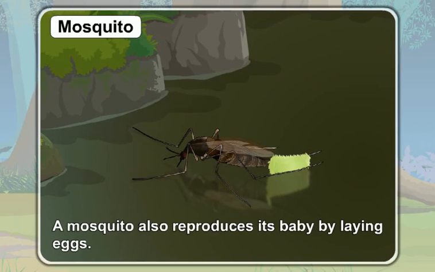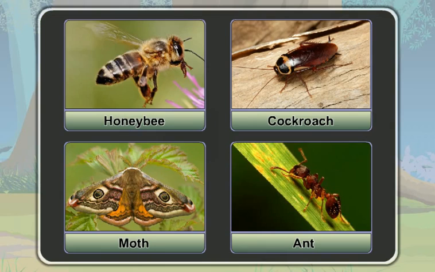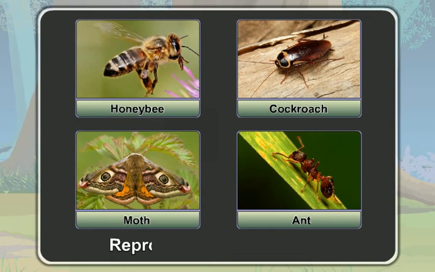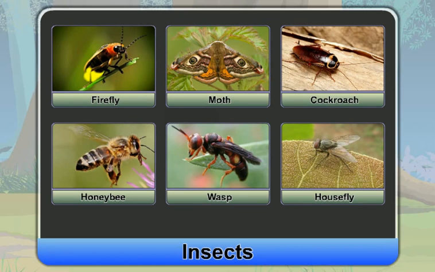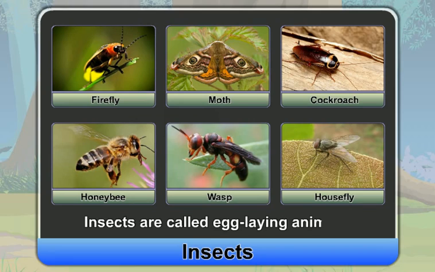A mosquito also reproduces its baby by laying eggs. Insects like a honeybee, a cockroach, a moth, and an ant also reproduce by laying eggs. All the insects reproduce by laying eggs. So, insects are called egg-laying animals.